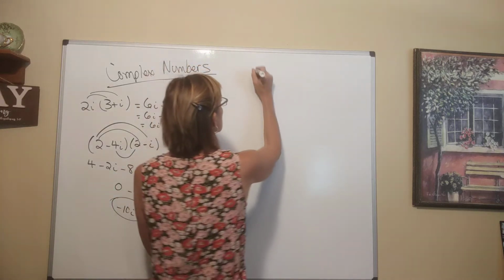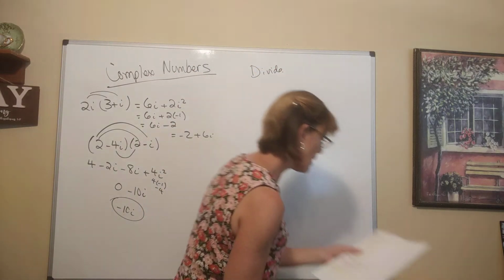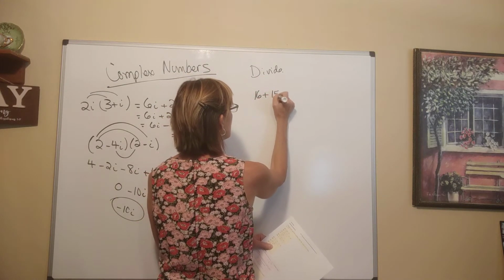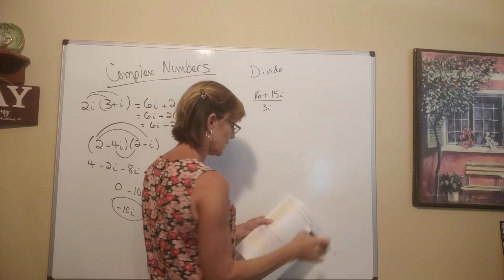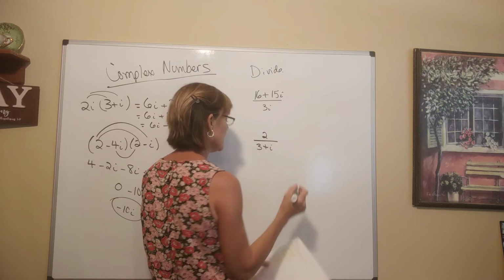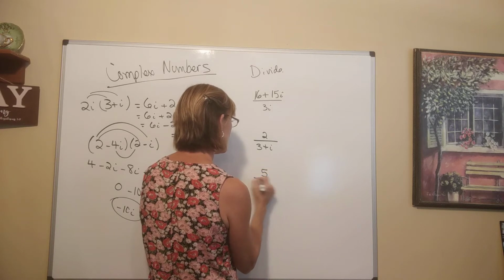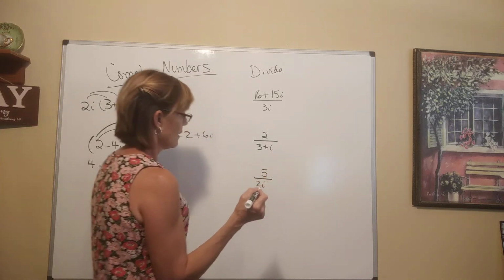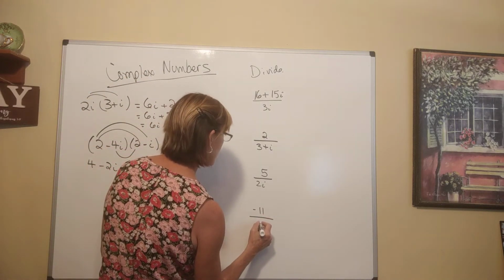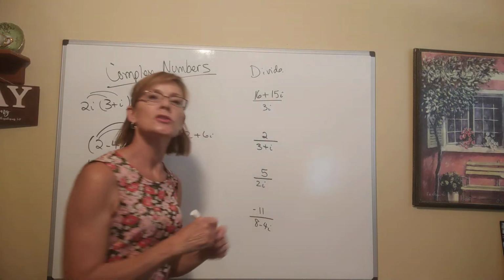So if they say divide, let's say they give us something like this: 16 plus 15i over 3i. Or they say 2 over 3 plus i. Or 5 over 2i. Or negative 11 over 8 minus 4i.